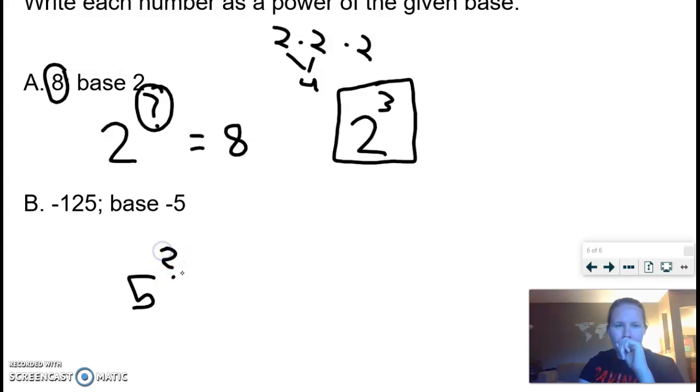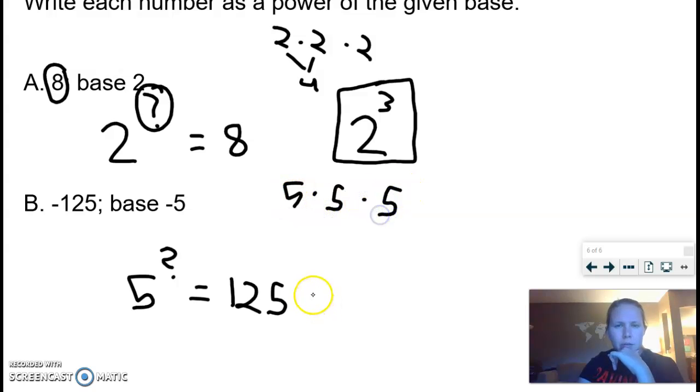Again, I'm just forgetting about the negatives for just a minute to see if I can make this work. Then we'll think about those rules that I was just talking about, odd and even, and making sure that we can keep it negative. So let's think. 5 times 5, that's 25, times 5, that does give me 125.